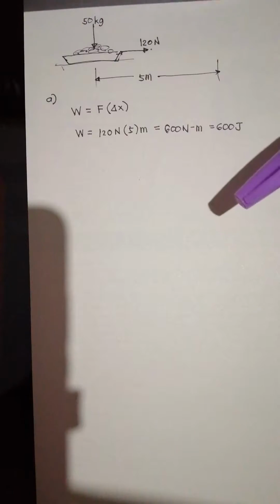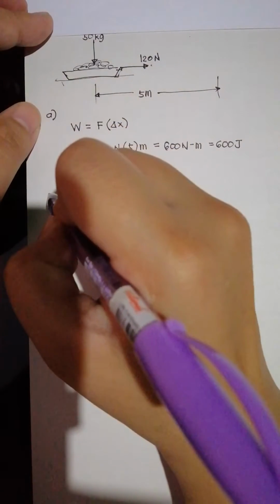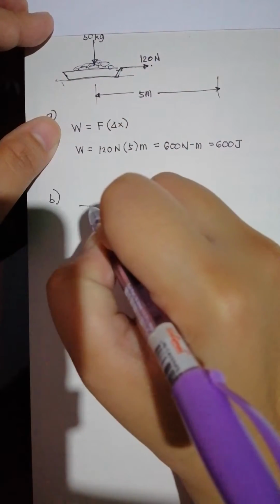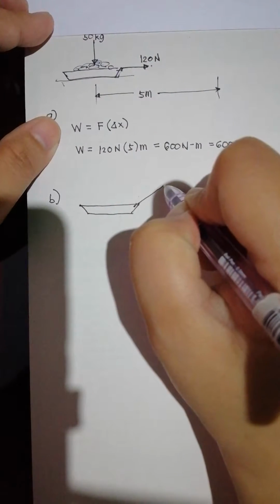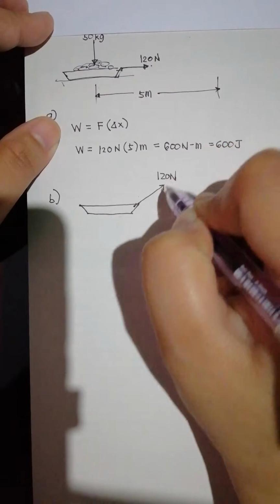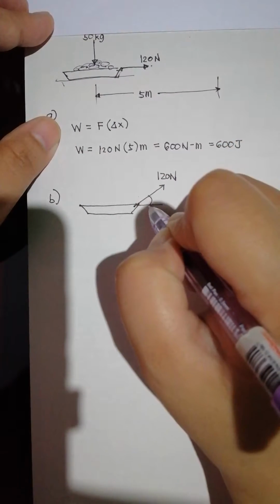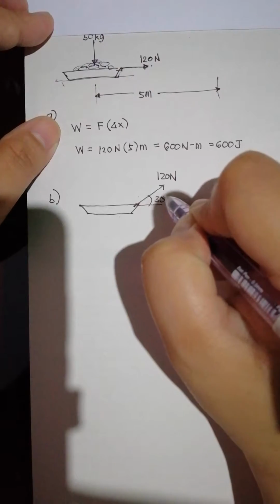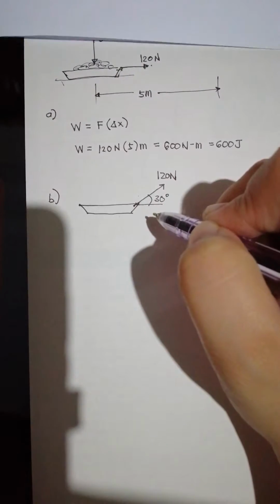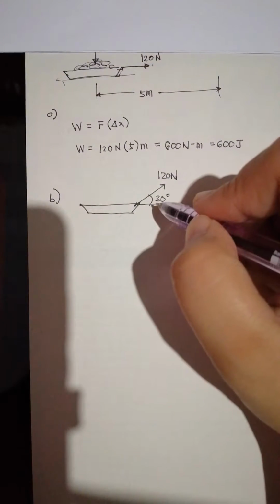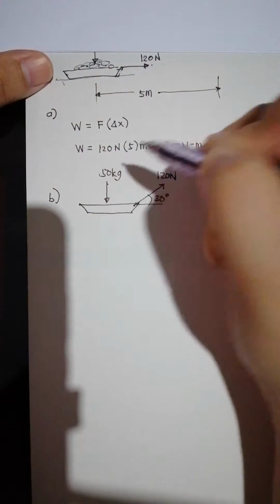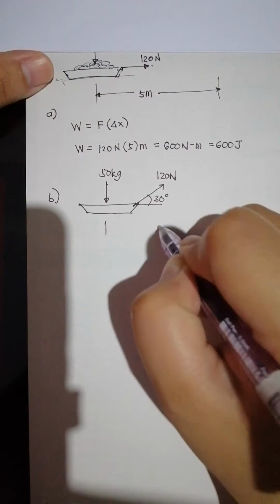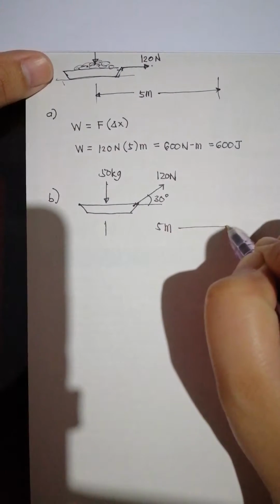So this time, the rope is now applied 30 degrees from the horizontal, or theta is now 30 degrees from the horizontal. So still we have here the 50 kilogram load, and the same displacement as stated in the problem.